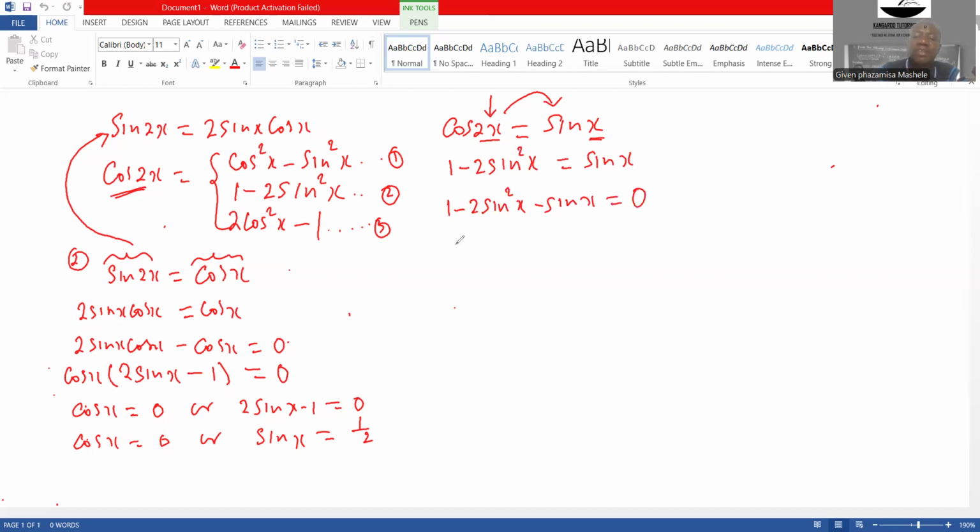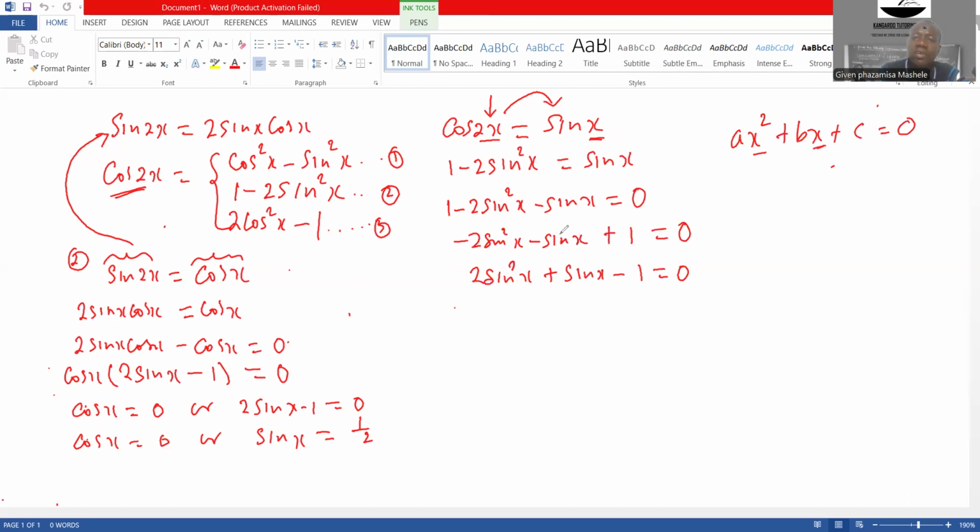Now we write this as a quadratic expression: minus 2 sine squared x minus sine x plus 1 equals 0. Multiplying everything by negative gives 2 sine squared x plus sine x minus 1 equals 0. This is actually a quadratic equation, ax squared plus bx plus c. The only difference is that we're using sine x instead of x, but it's still a quadratic expression.